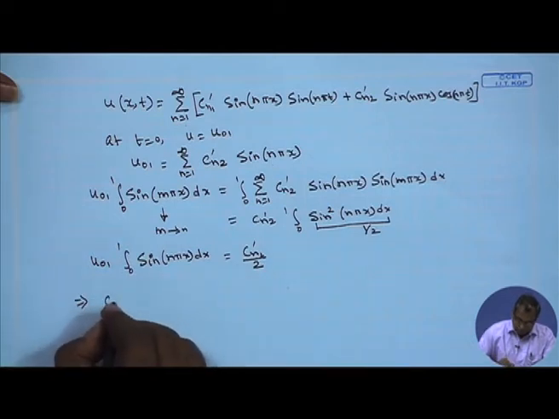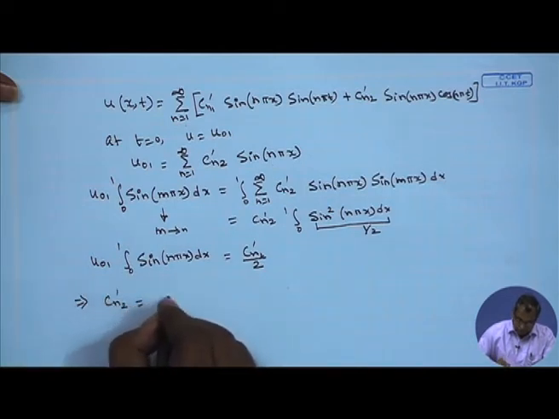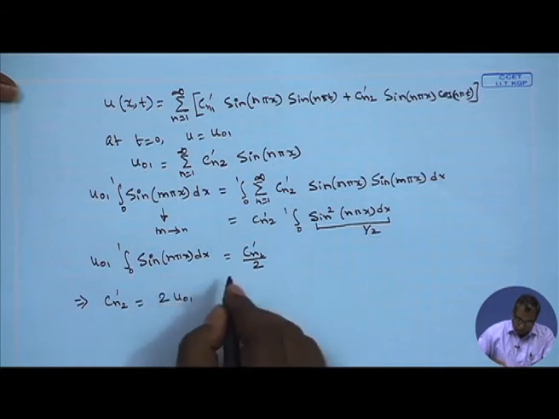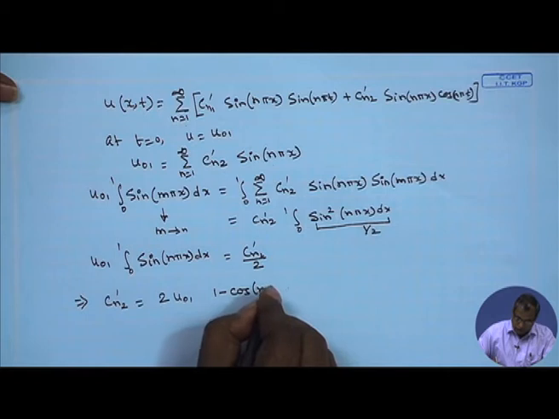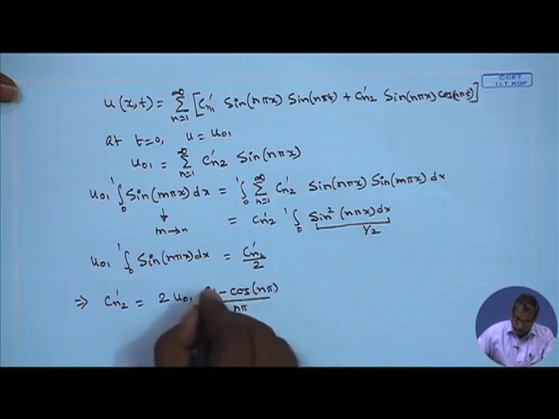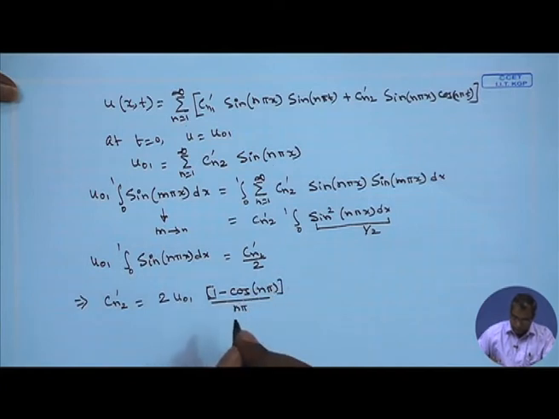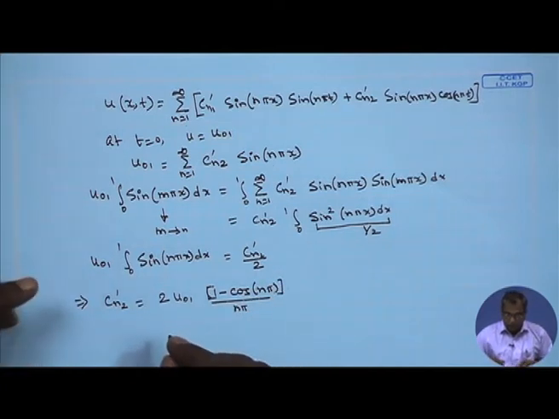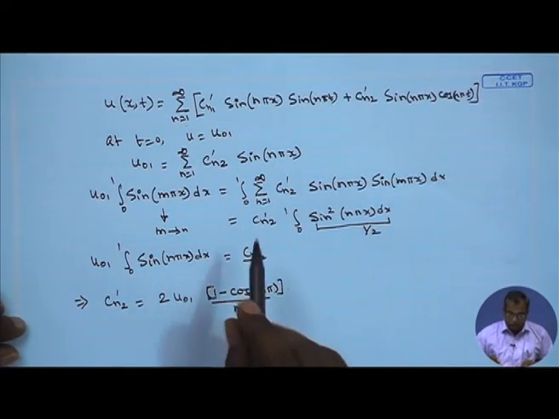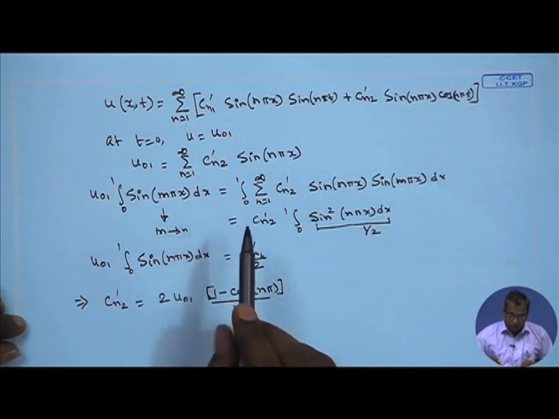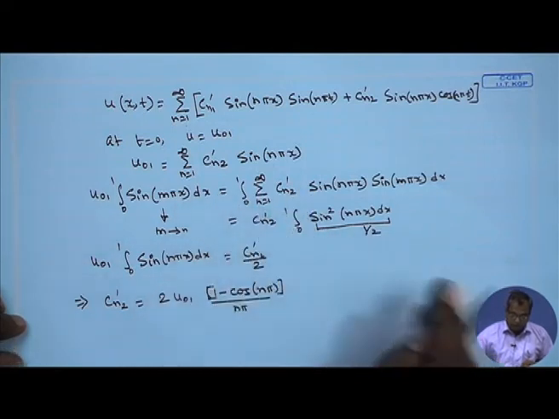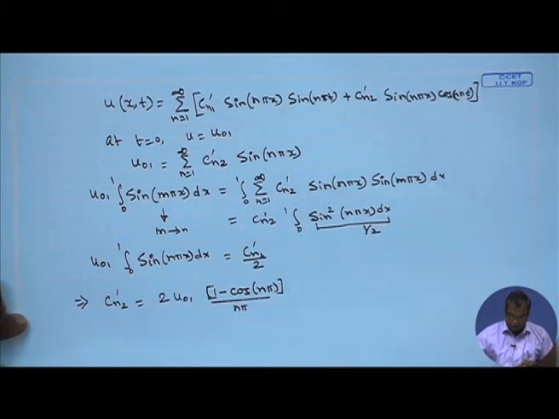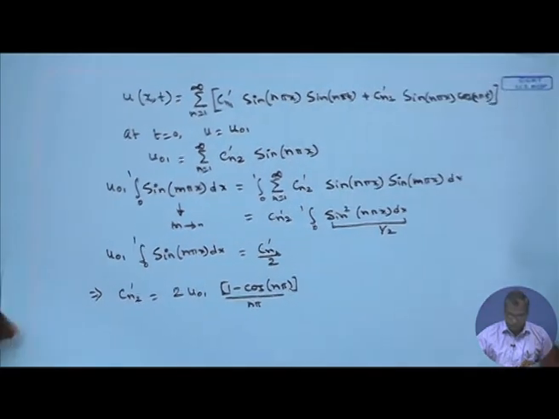Therefore, we have Cn2 prime is equal to 2 u01 times (1 minus cosine n pi) divided by n pi. So, that will be the expression of Cn2 prime. Next, we will be utilizing the other initial condition to get the other constant Cn1 prime.